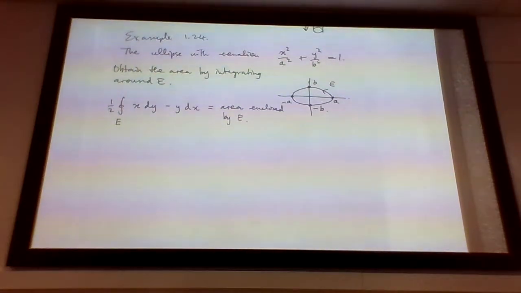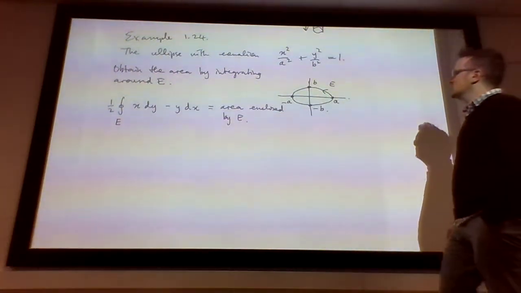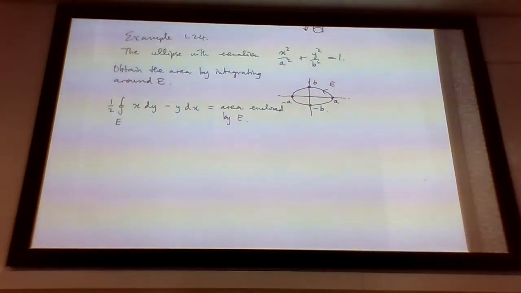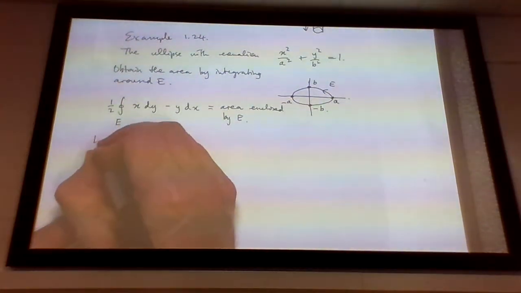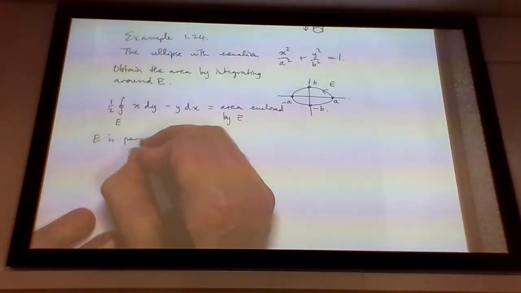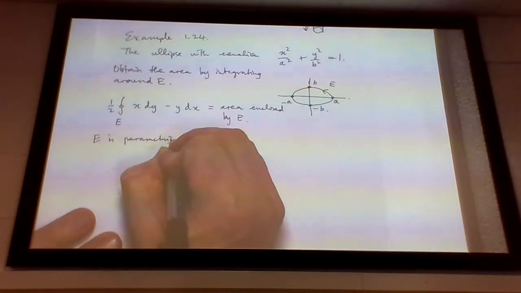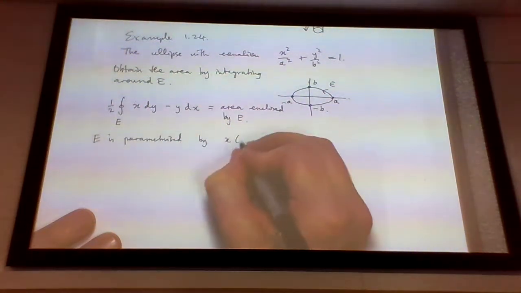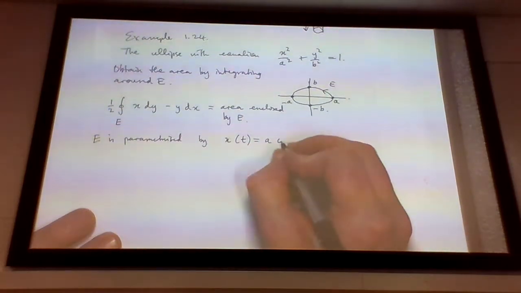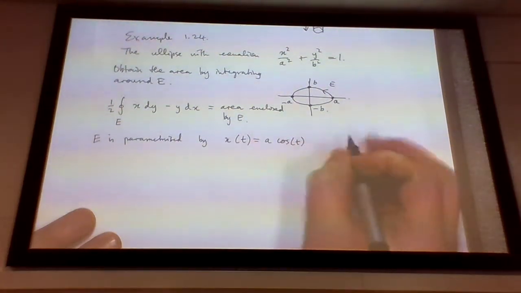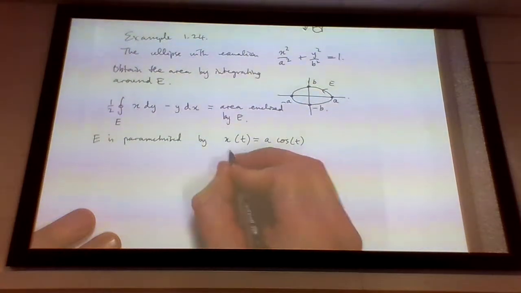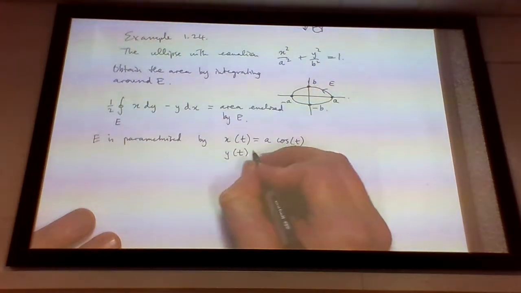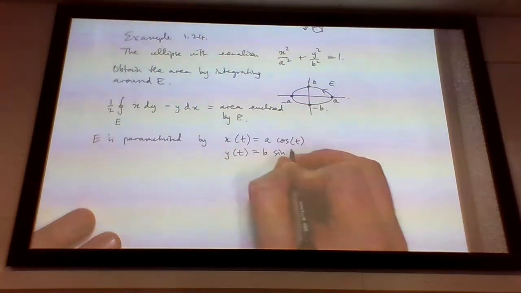Okay, well, what's a good way to do this integral? A good way would be to use the parameterization of the ellipse. That's given to you in the question. So E is parameterized, and it's the same as the conventional parameterization that the circle has. The circle is parameterized by x is cosine and y is sine of the angle.